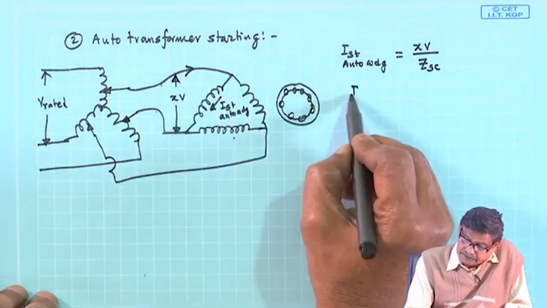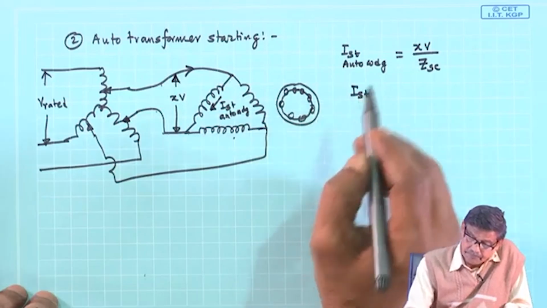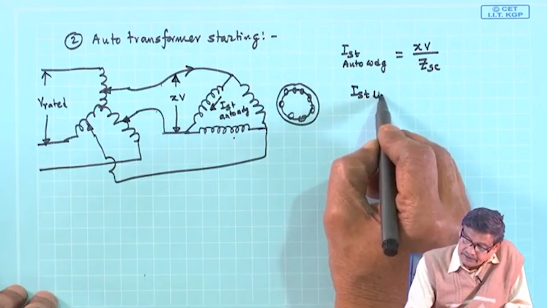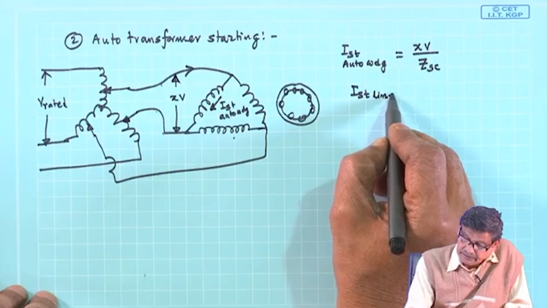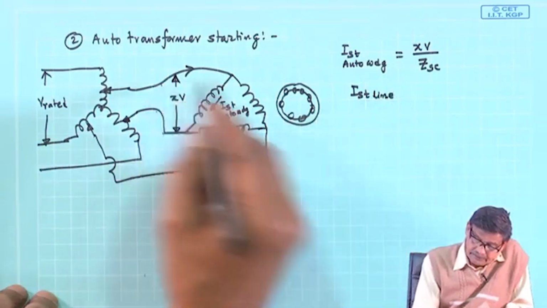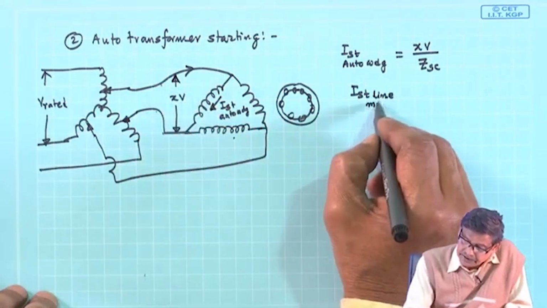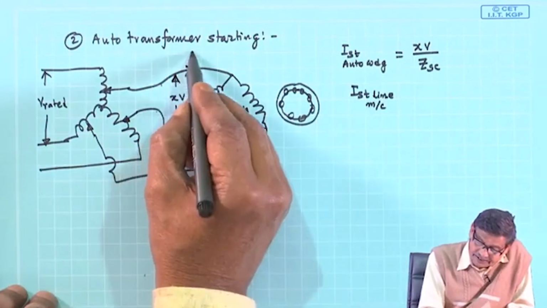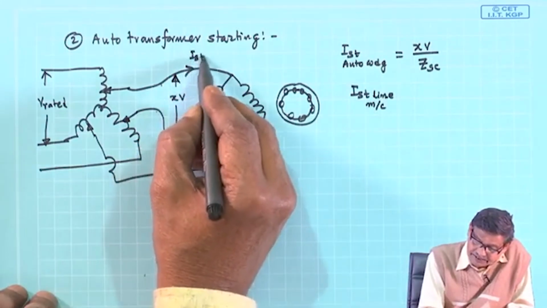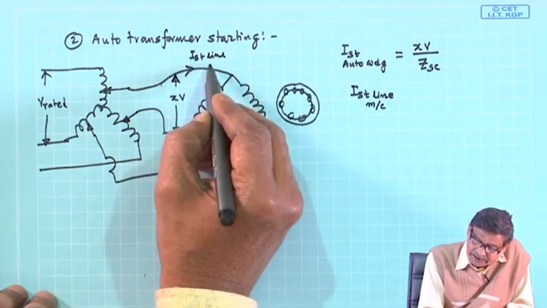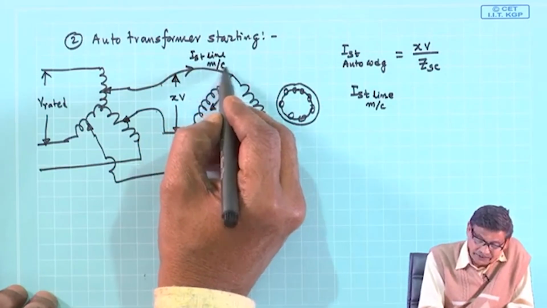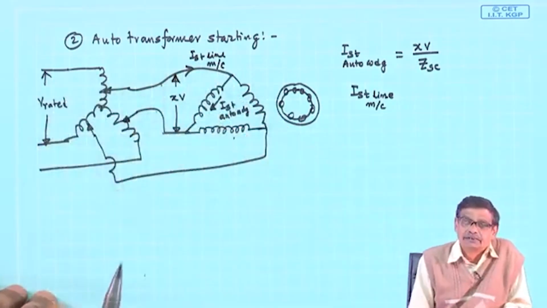I starting line in the machine, that is this current is I starting line in the machine line, not the supply line, mind you.